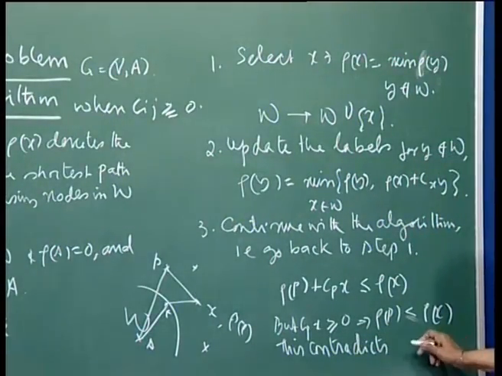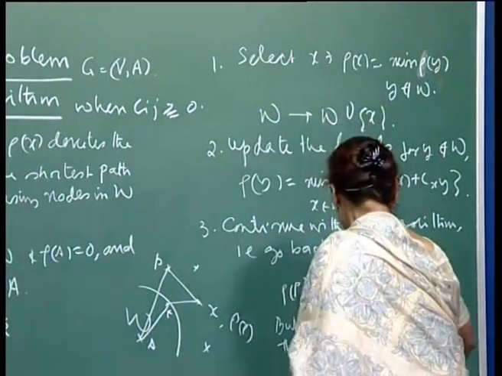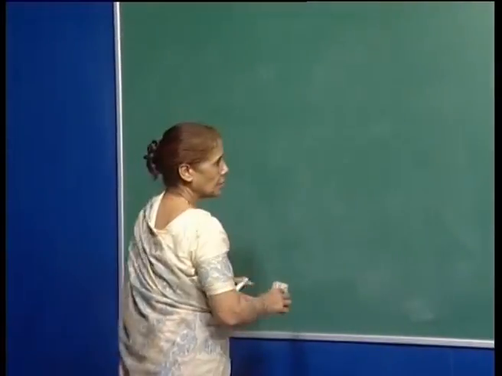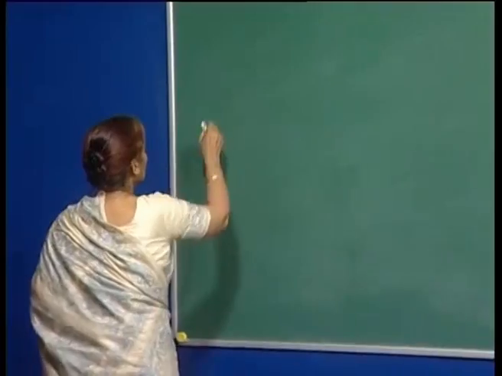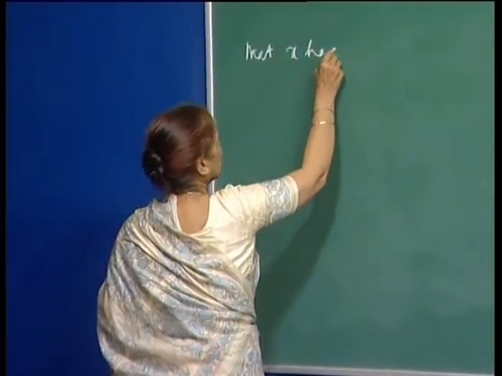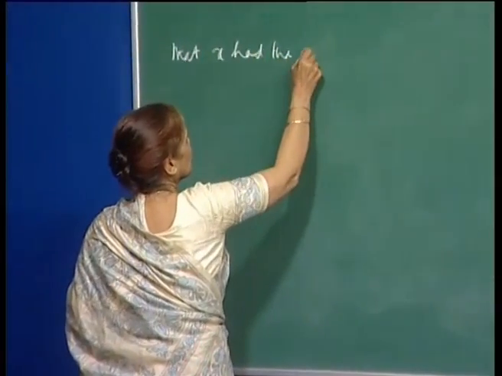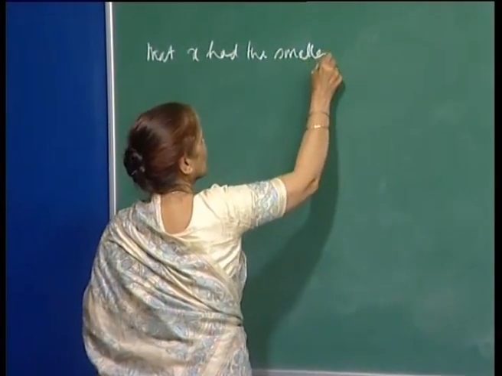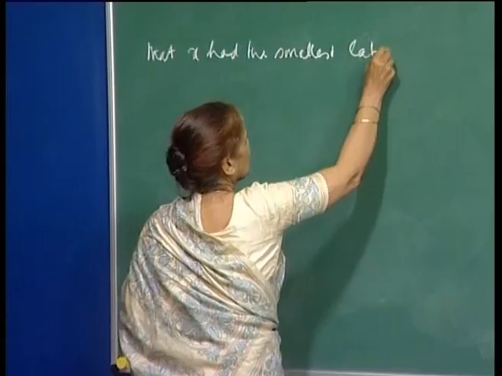So this contradicts the fact that X had the smallest label.